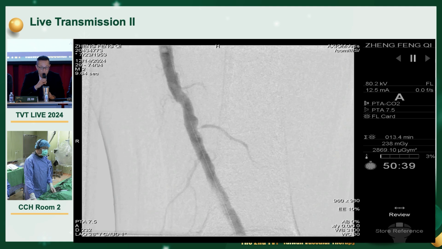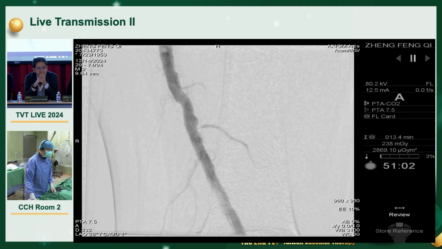Besides, if I want to do it under CO2 contrast, I always do a heart echo to check for any intracardiac shunt, to prevent paradoxical embolism. I usually use CO2 contrast in patients with high creatinine, CKD stage 3 or 4, as a selected case.